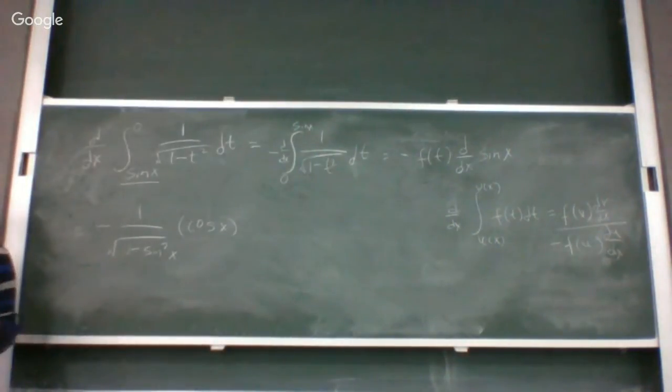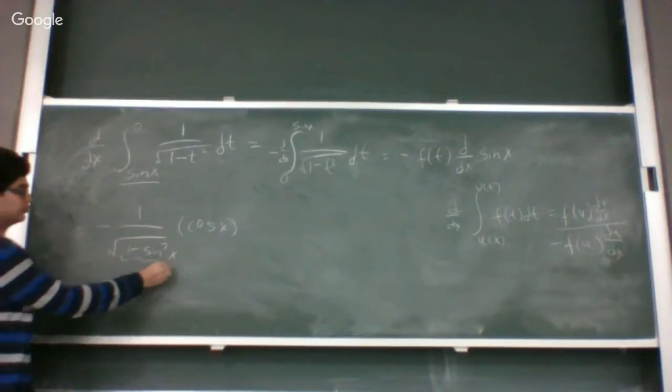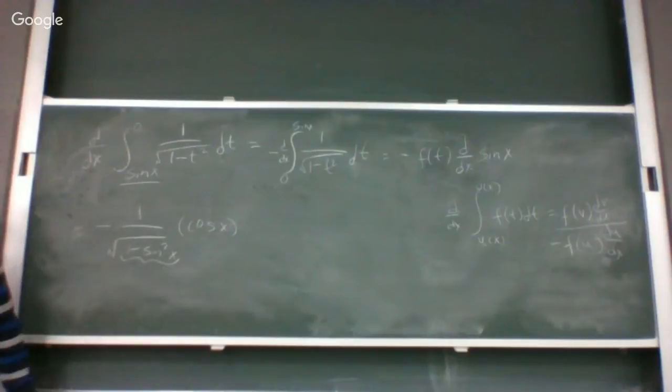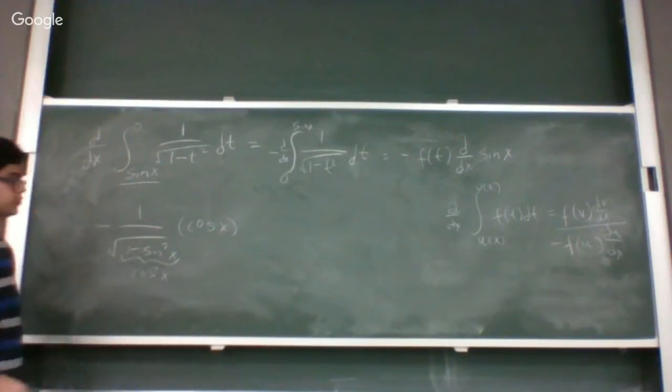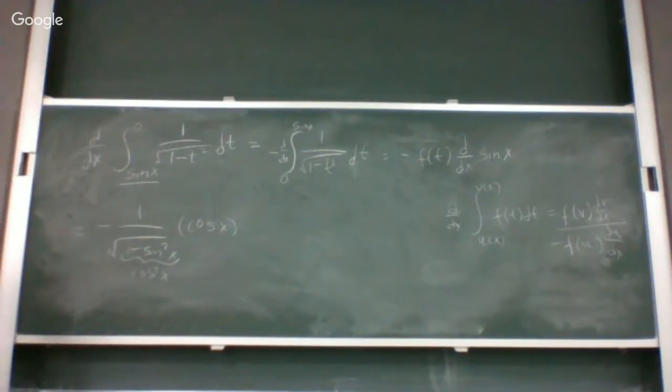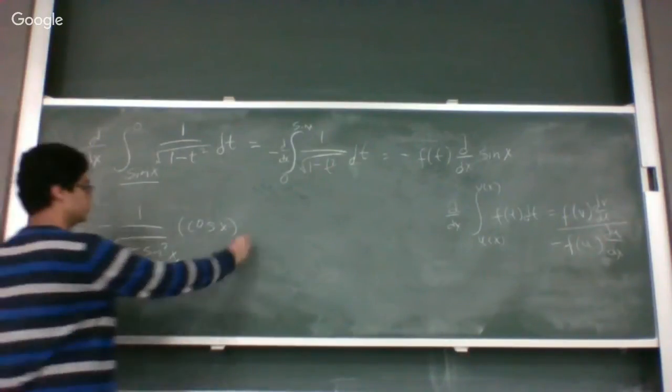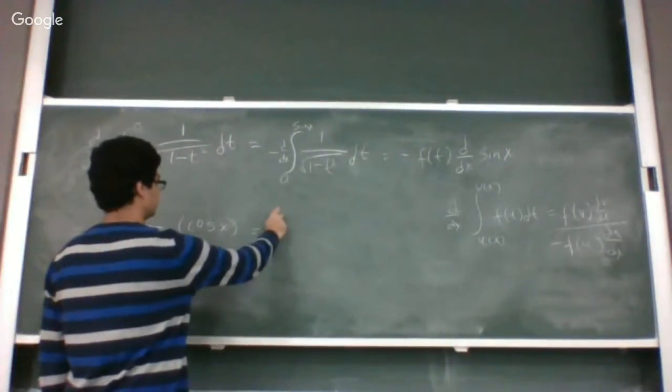What can you do to simplify this? 1 minus sine squared, what does that equal? That's cosine squared.